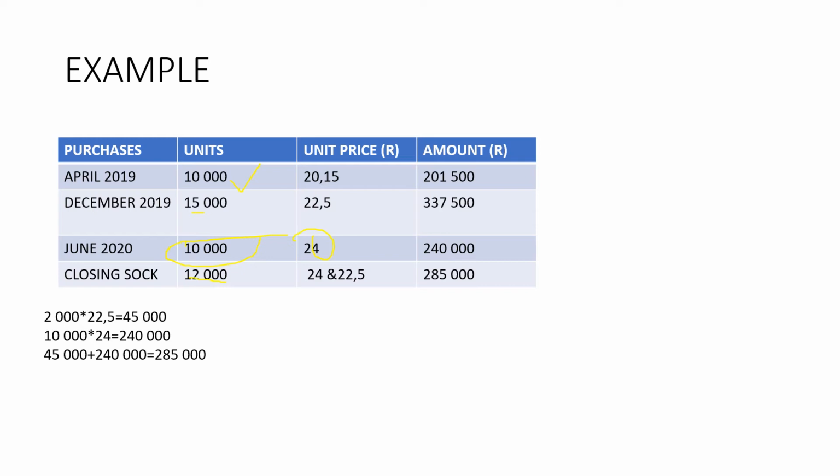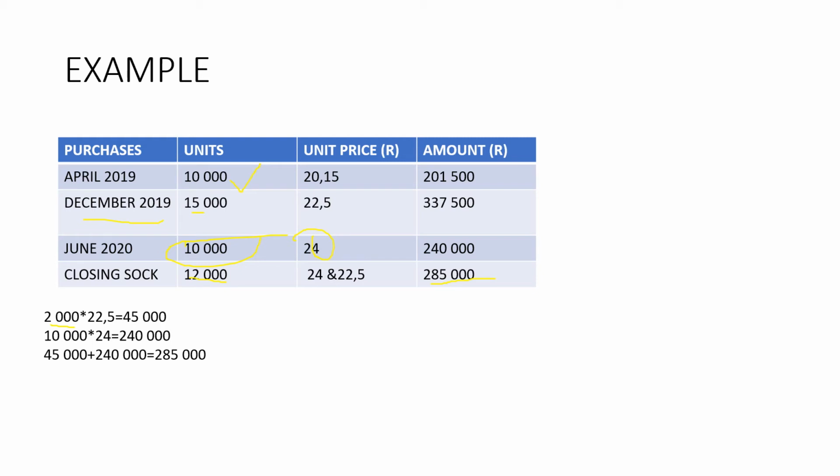You take your 2,000 from your December 2019 units, you multiply it by the unit price of December 2019 to get the 45,000, and then you take the June 2020 10,000 units, you multiply it by your 24 to get your 240,000. So this is how you add those two totals to get your value of the stock at the end of the year. You see what's happening here.